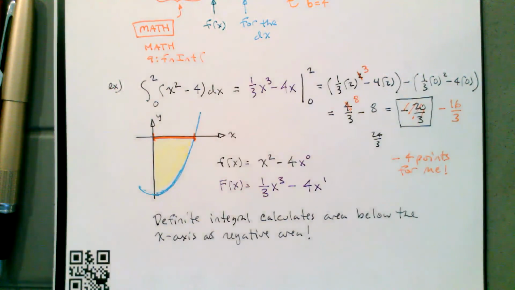So if I said, what is the area bounded by the y-axis, the x-axis, and the graph of x squared minus 4, the area is 16/3. The definite integral from 0 to 2 of x squared minus 4 is negative 16/3. The negative indicates that the area is below the x-axis.